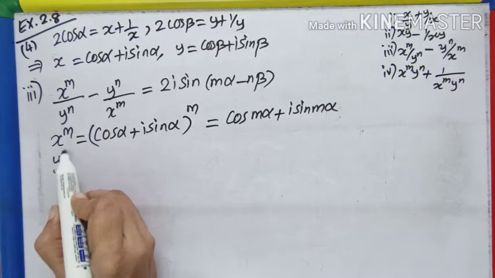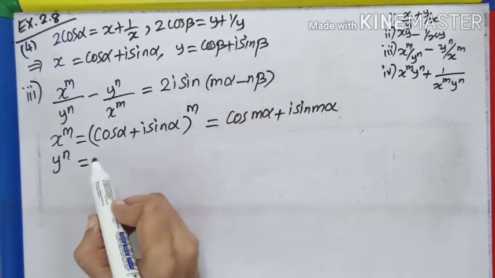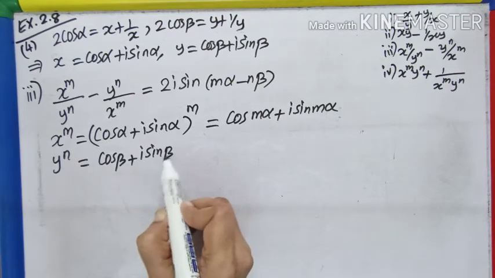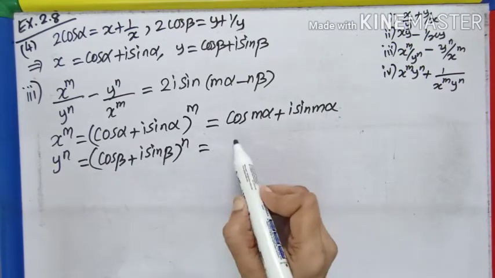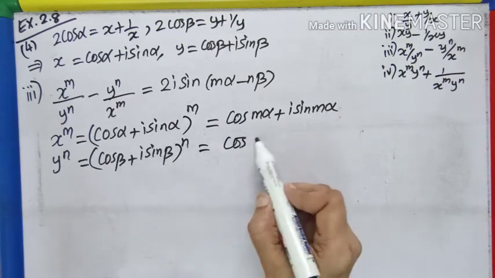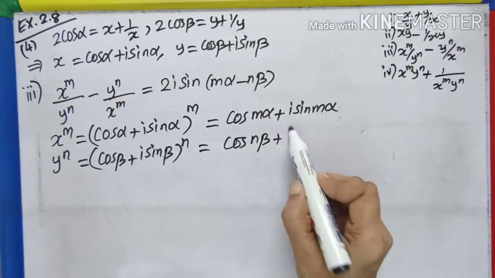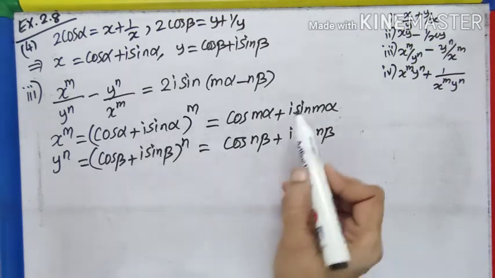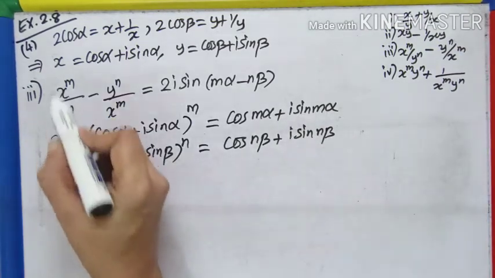What is y power n? y is cos beta plus i sine beta, the whole power n. Again by Moivre's theorem, power comes to the argument. So I have x power m, y power n. I want to divide.